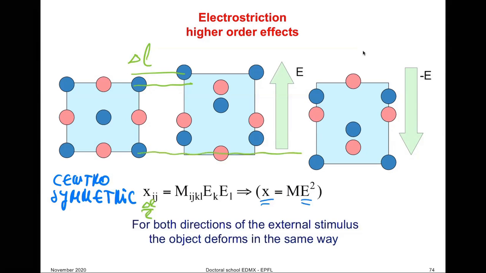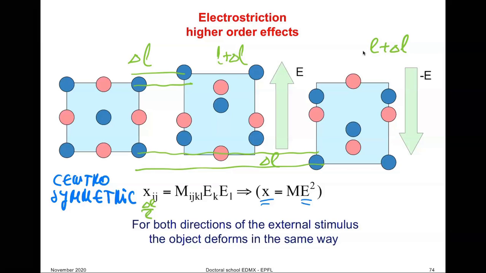So if we take this as a reference value, you see that it has again extended. The length of the sample is L plus delta L, and here it's L plus delta L. This is the principle of the electrostriction effect.